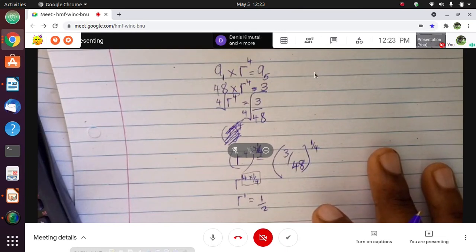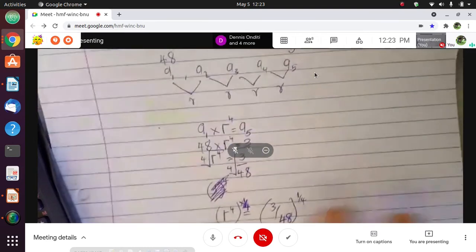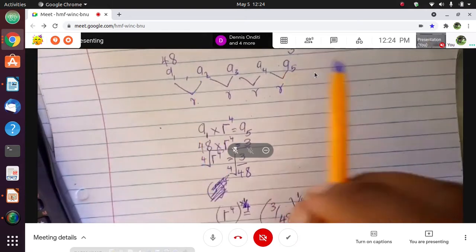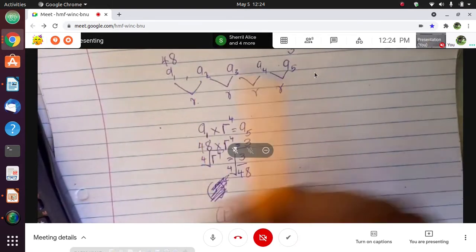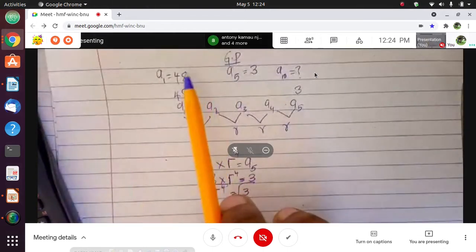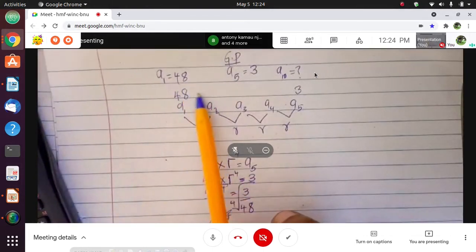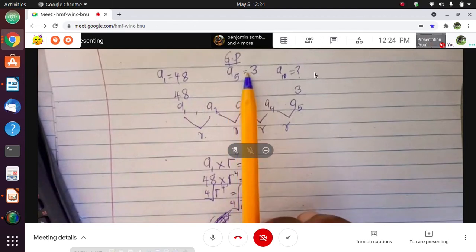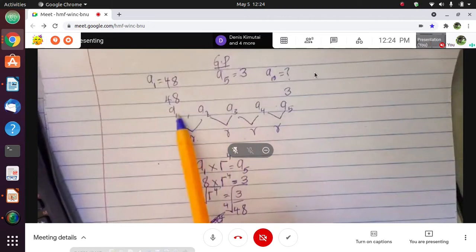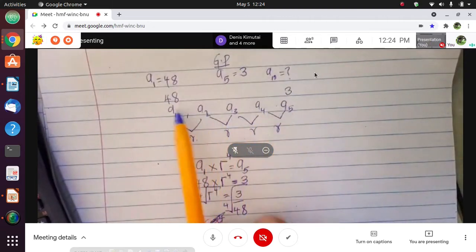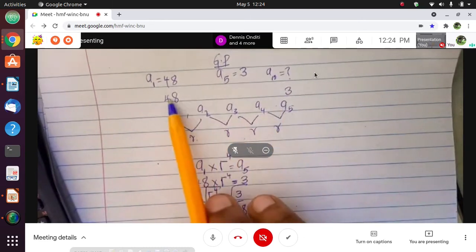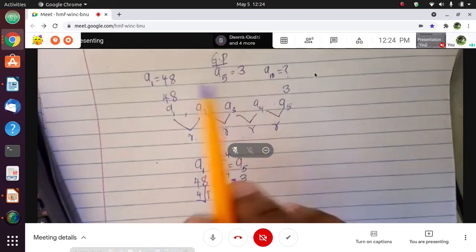I'm assuming we are together. So what we have done is the process. We have A1 as 48 and we have A5 as 3. We have been told to find A10. Now, when we write our sequence down, A1, A2, A3, A4, and A5, the first term being 48 and the fifth term being 3.